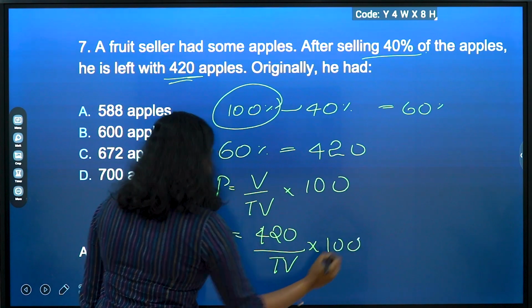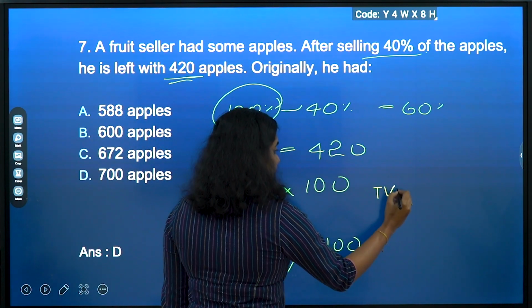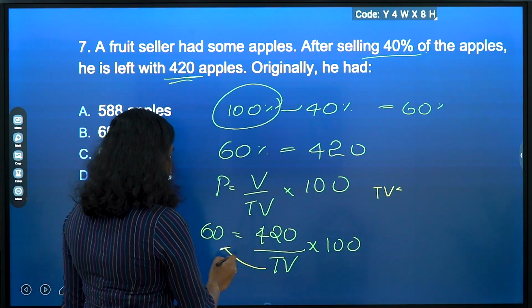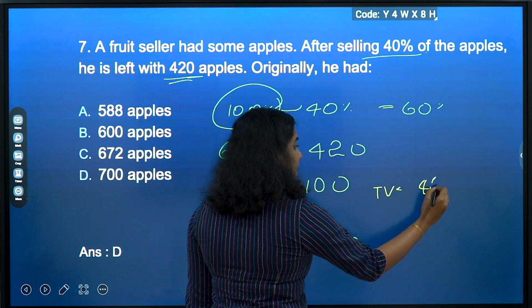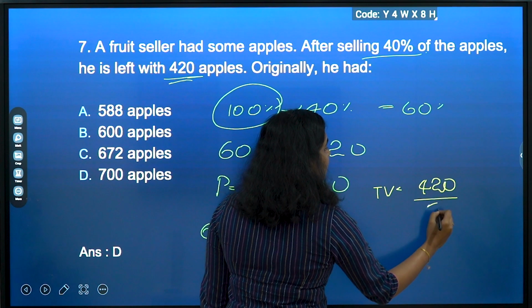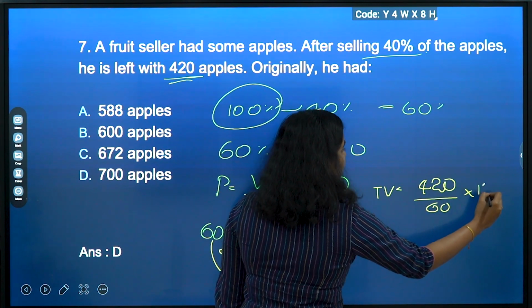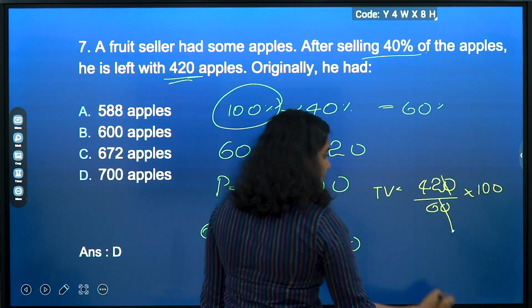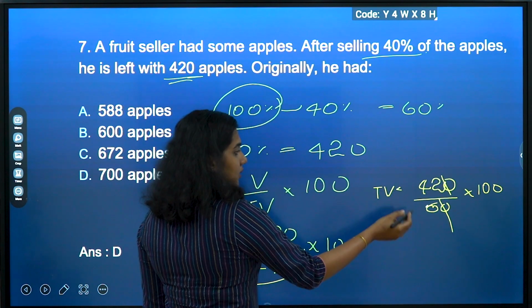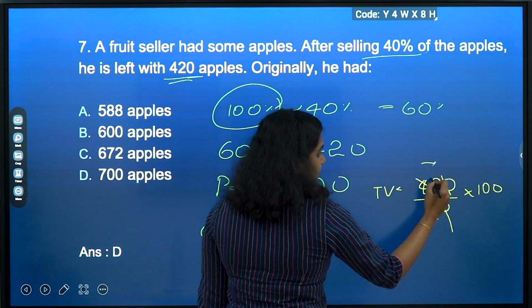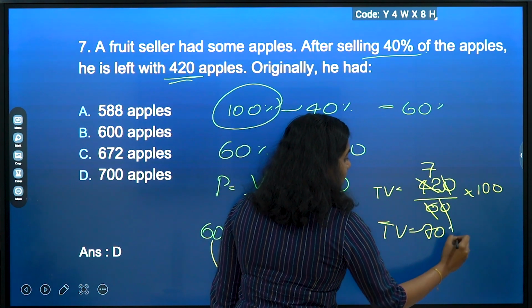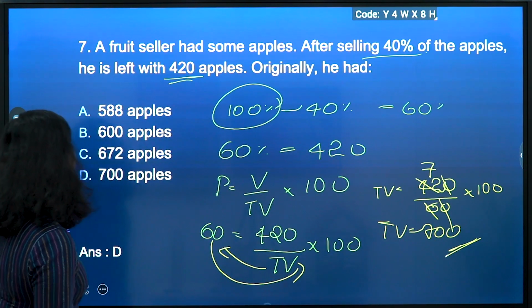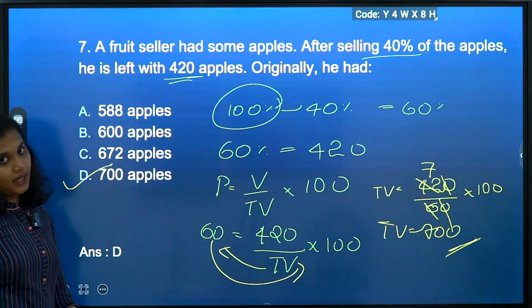So if you equate this, total value is equal to 420 by 60 into 100. Okay, so you can cancel this 0, and 42 and 60. So 7 times, so 7 into 100 is 700. So the total value is equal to 700. So option D is our answer.